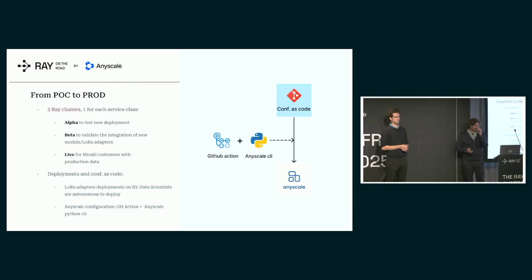For the Anyscale configuration, like I said, we want to run configuration as code. So the code is stored in a GitHub repository. Then we use GitHub Actions plus the Anyscale CLI to provision and to update our Anyscale service or Anyscale Ray cluster.